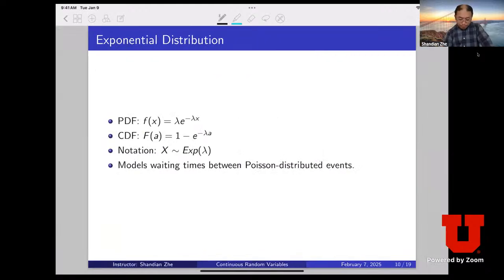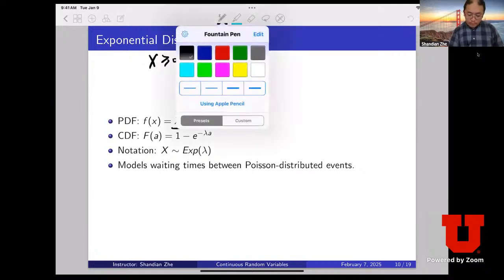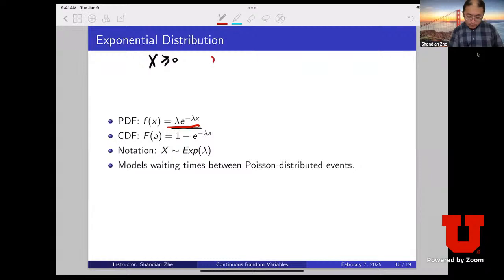Okay. The second distribution we would like to introduce is called the exponential distribution. The requirement for this exponential distribution random variable is that x must be non-negative. So the PDF is defined in this way: lambda times e to the minus lambda x.